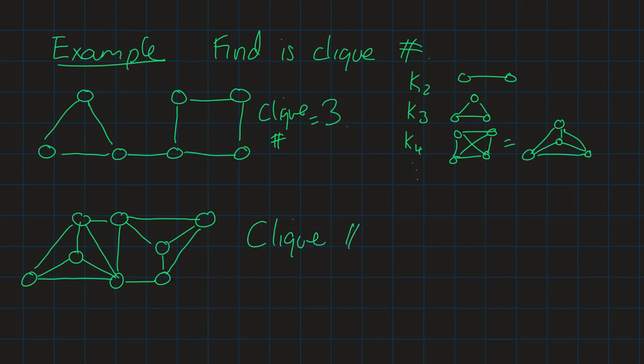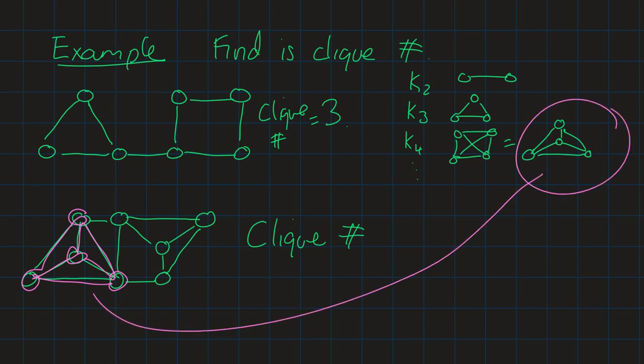I'm trying to find one of these complete graphs hidden inside this graph. I'm trying to find the biggest complete graph hidden inside this graph. And again, it's not exactly doing a good job at hiding. There's this graph right here, okay, which is equal to this graph, which is K4.